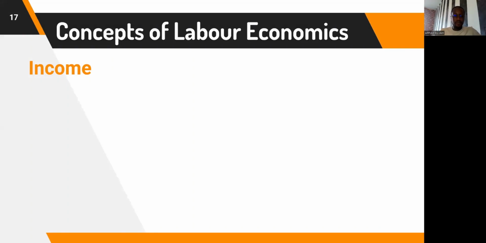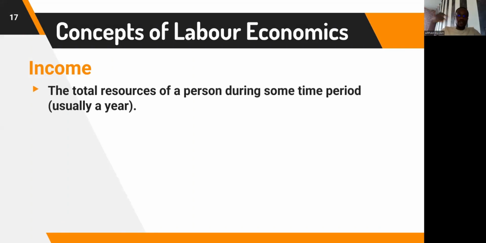And then income. Income is the total resources of the person during some time period, usually a year. So if you are working in a corporate body and you are taking 2,000 Ghana cedis a month for the whole year, that means you are taking about 24,000 Ghana cedis.